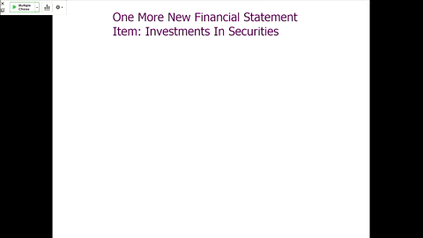For marketable securities, we can actually fair market value them. They're not an appraisal. We fair market value them at the end of the year. What does that mean?